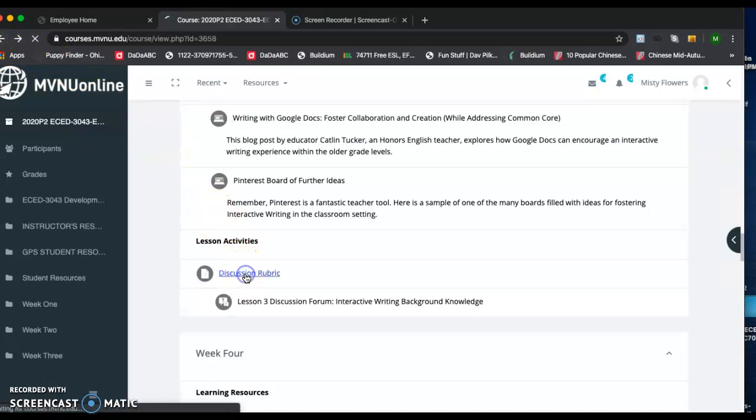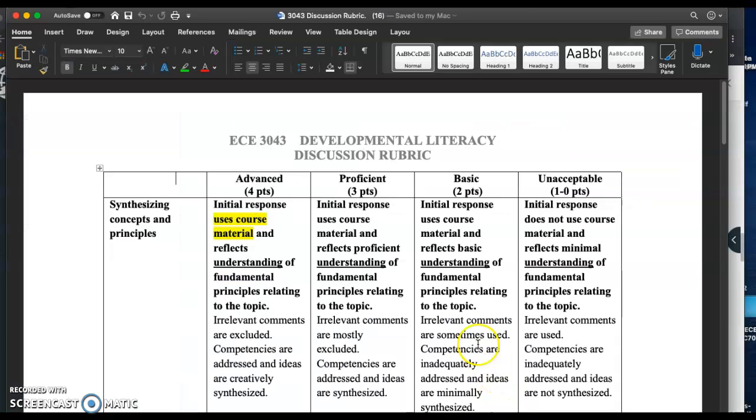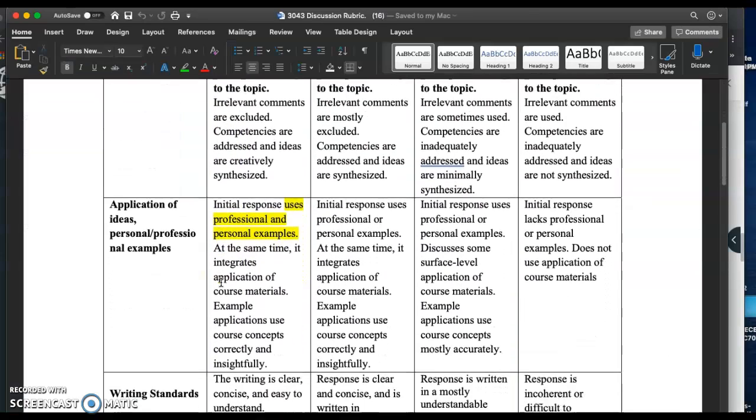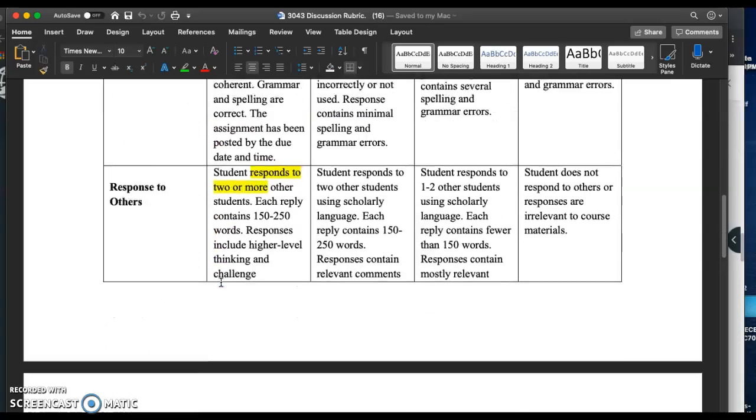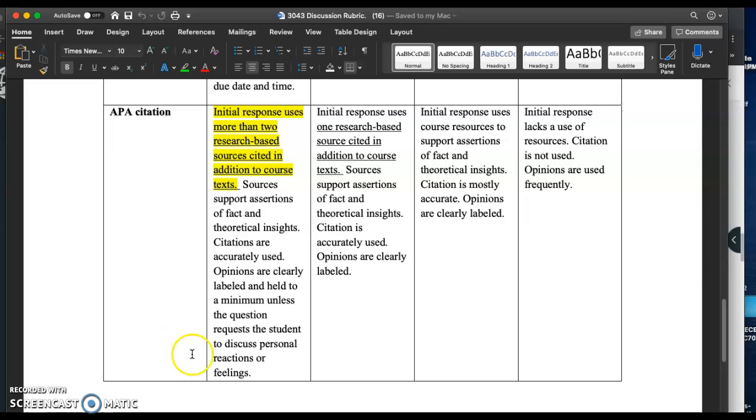I want to look at the discussion rubric with you again. And I want to go right to the last category.